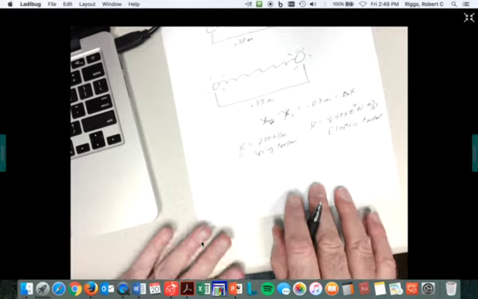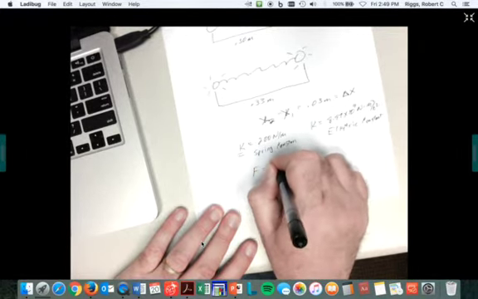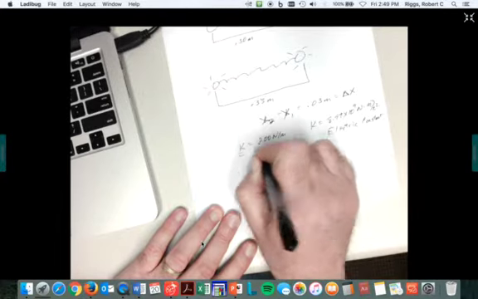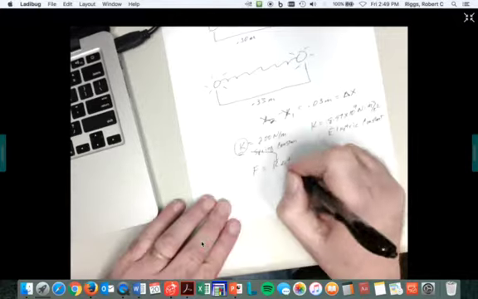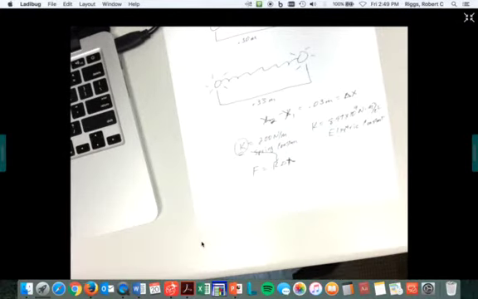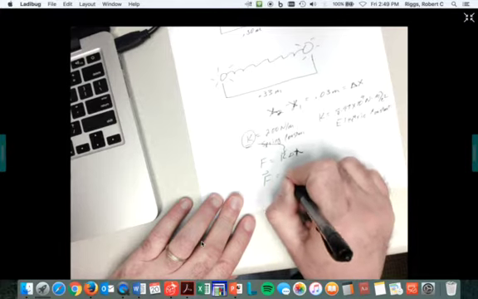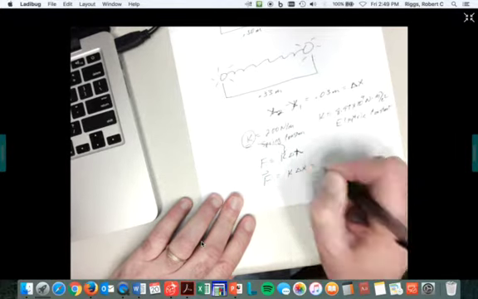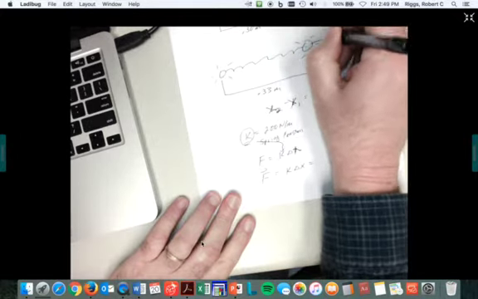But look, do you remember Hooke's law? F equals kx. This k times this x, I put delta x there. k times delta x, you remember that? Yes, you do. And that same force is equal to the force between these charges. And obviously they're repelling each other.